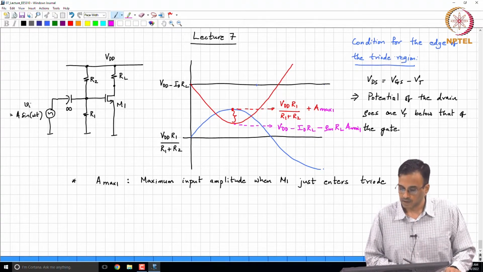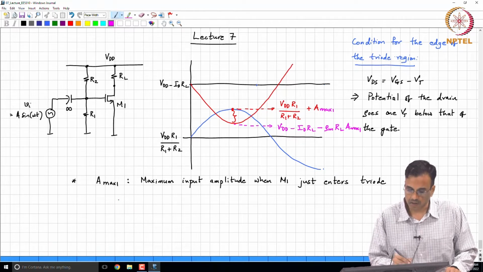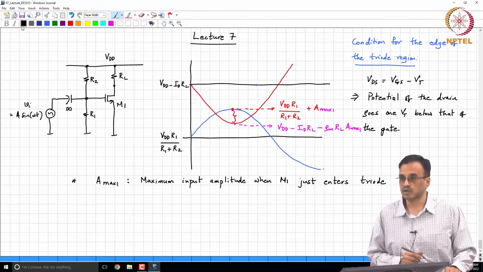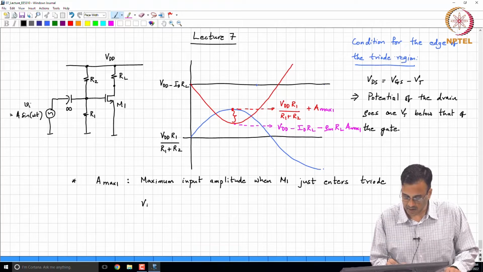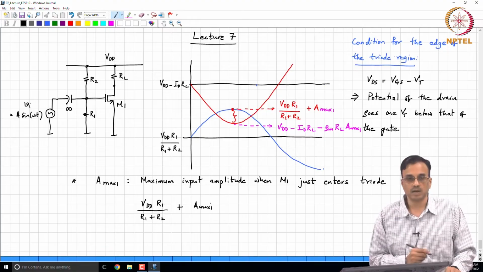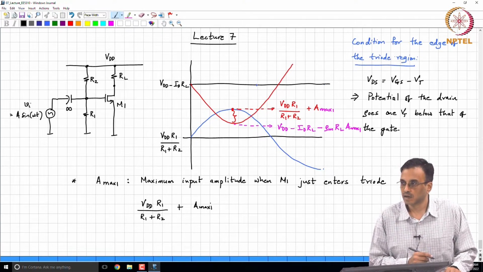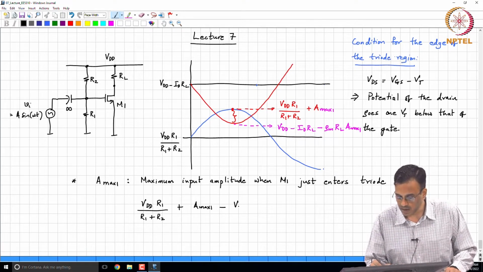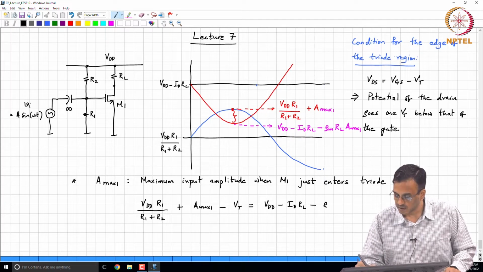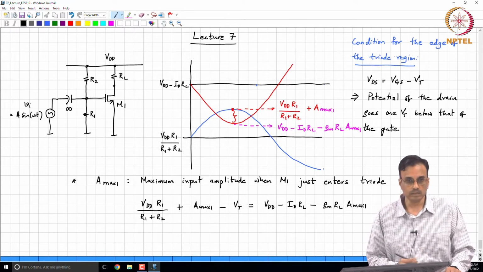So, the condition for just hitting the triode region is VDD times R1 by R1 plus R2 plus A max 1 minus Vt equals VDD minus IDRL minus GMRL A max 1.